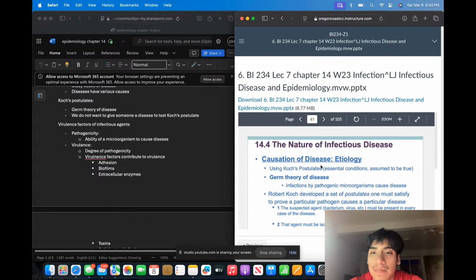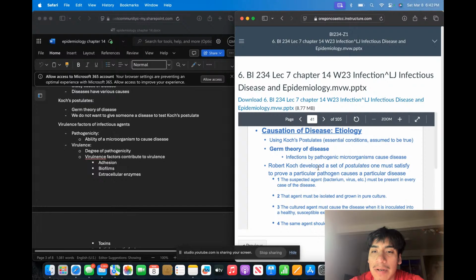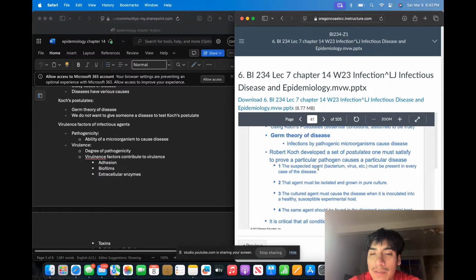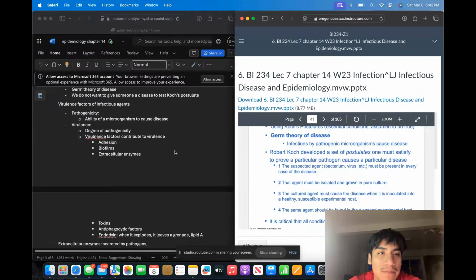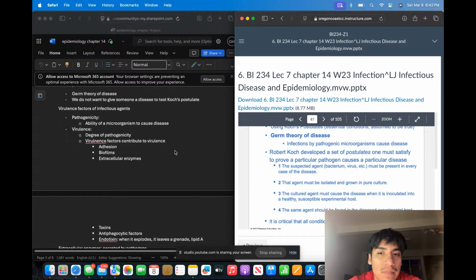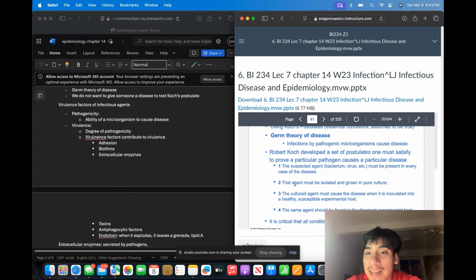Causation of disease. So this is where Koch's postulates come into play. Germ theory of disease: infection by pathogenic microorganisms causes disease. So that's what germ theory is. Robert Koch developed a set of postulates that one must satisfy to prove a particular pathogen causes a particular disease. One, the suspected agent must be present in every single case of the disease.